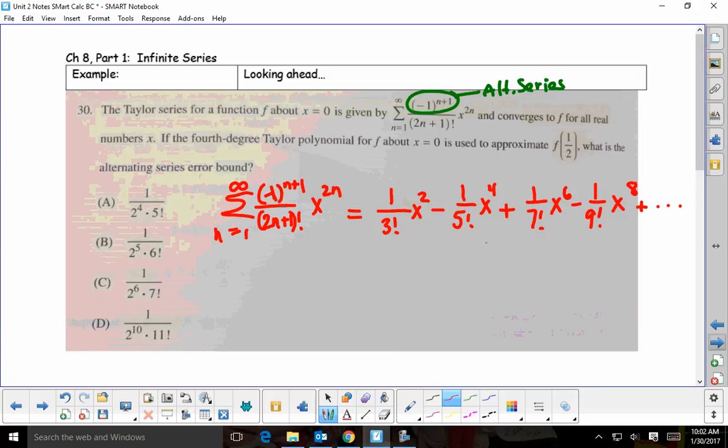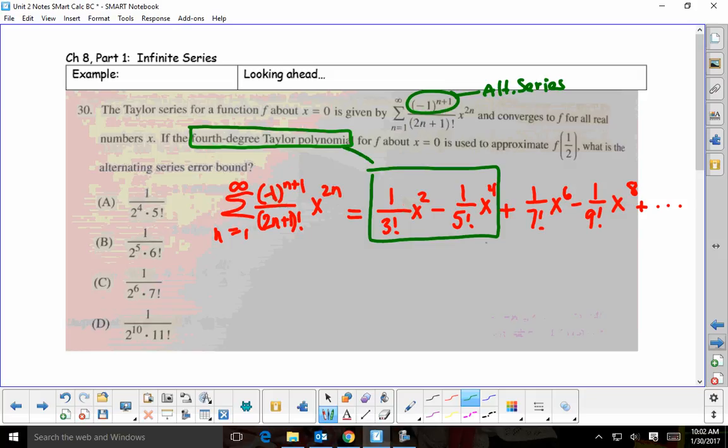Okay, so basically, now let's read this. They're saying that this converges, if the 4th degree Taylor polynomial, and you don't know this yet, but 4th degree Taylor polynomial means I'm going to look for the 4th degree down. So the 4th degree down is right here. We're going to learn more about that.